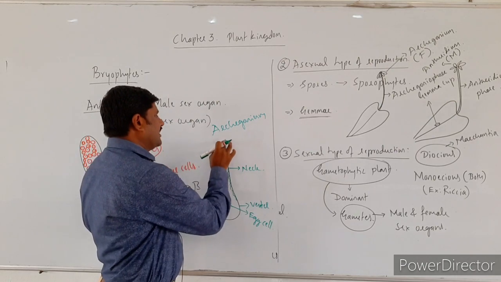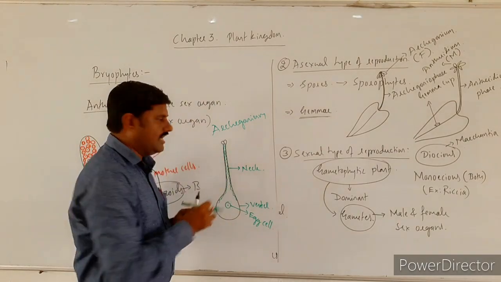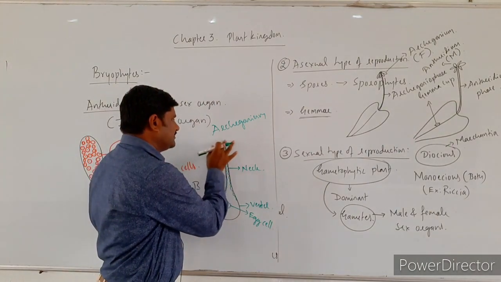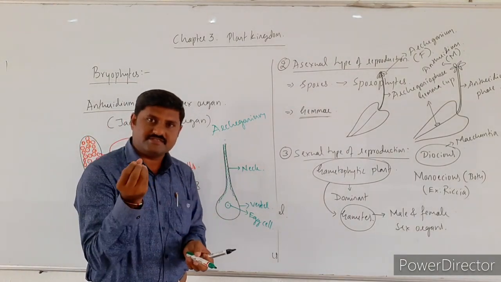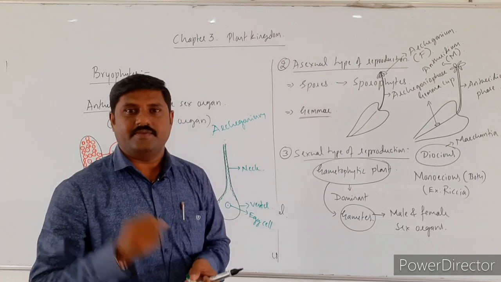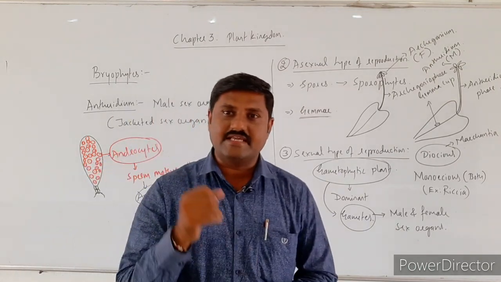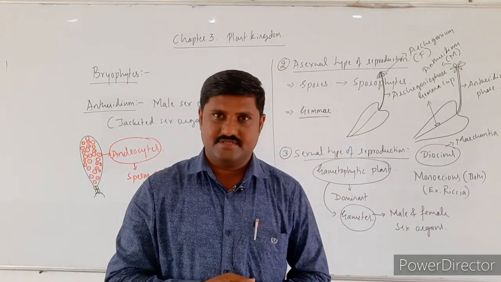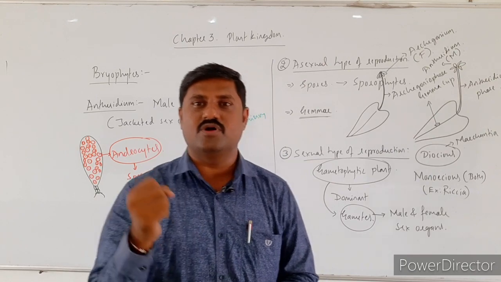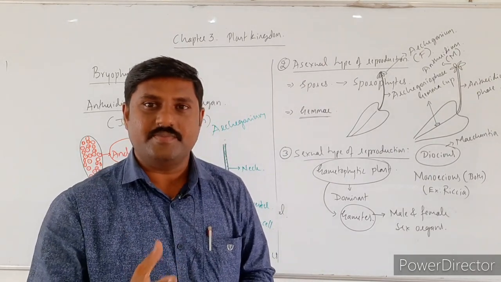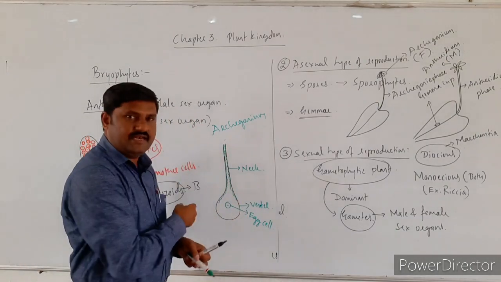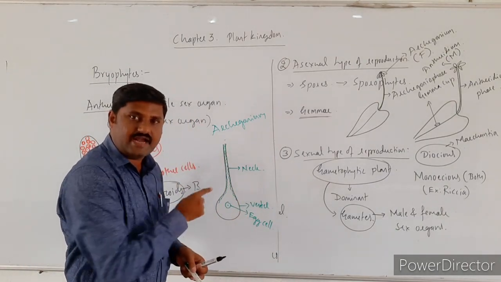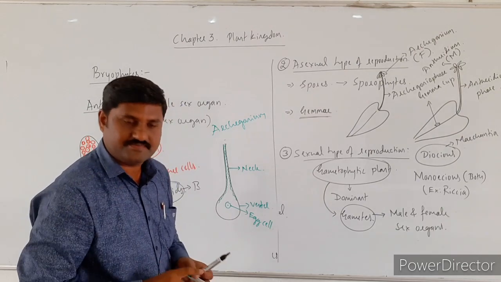The archegonium has cover cells, and these cover cells dissolve themselves, producing a chemical. These are chemotactic chemicals, meaning chemical attraction: by producing that chemical, they attract the antherozoids towards them.